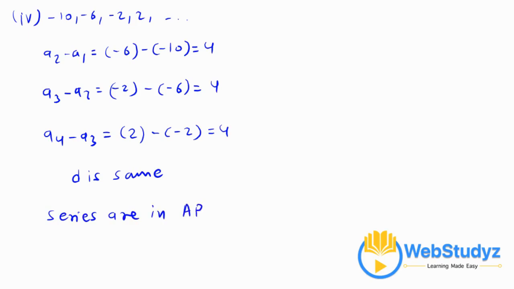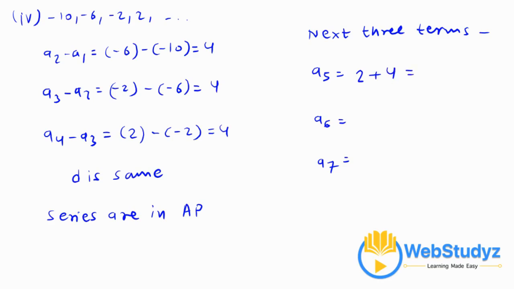So we have to calculate the next three terms, which are A5, A6, A7. So A5 will be 2 plus 4, which comes out to be 6, and A6 will be 6 plus 4, which comes out to be 10, and A7 will be 10 plus 4, which comes out to be 14.